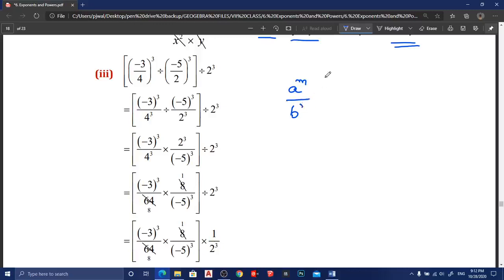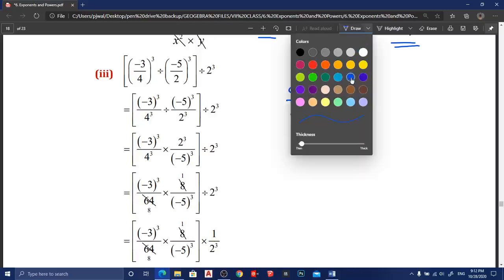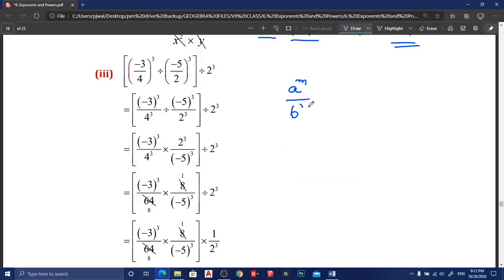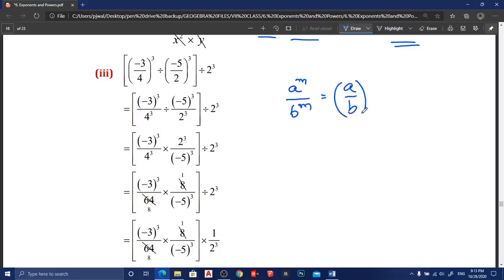This is equal to a by b to the power of m, you can write. So by applying this formula reversely, this is a by b to the power of m. How can I write this?